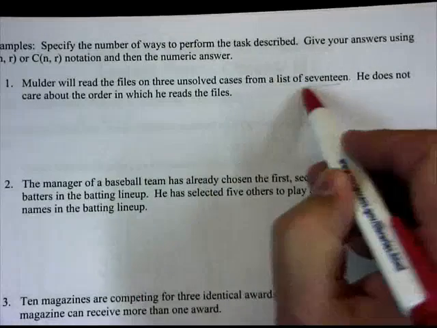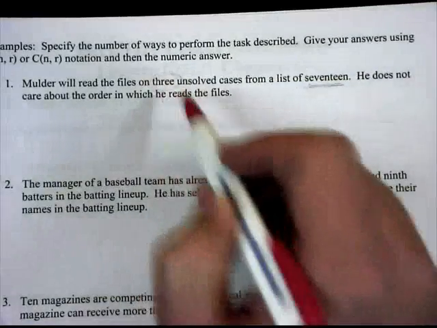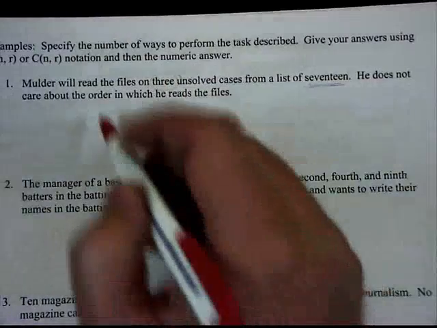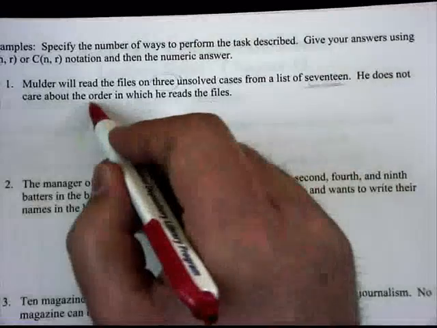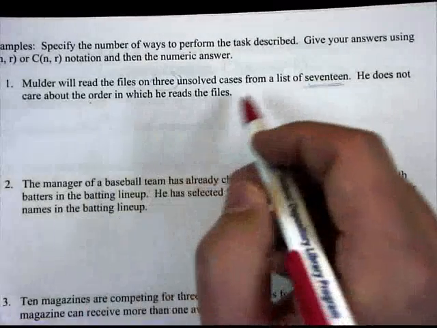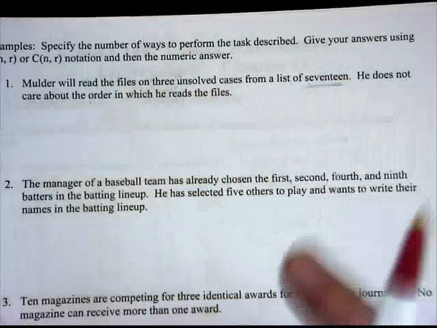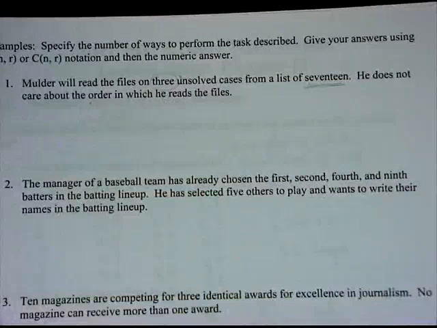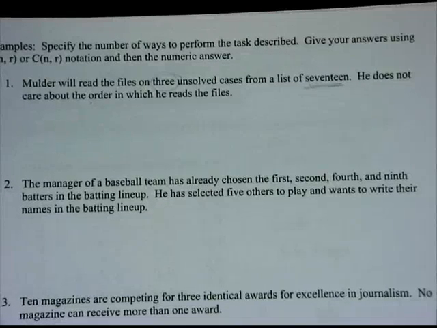So notice we have a list of a certain number, and we're choosing a certain amount from that list. And the important thing here is that the order doesn't matter. The fact that we've got a certain number and we're choosing something out of that tells us we've got a permutation or a combination. The fact that we don't care about the order means that we have a combination.